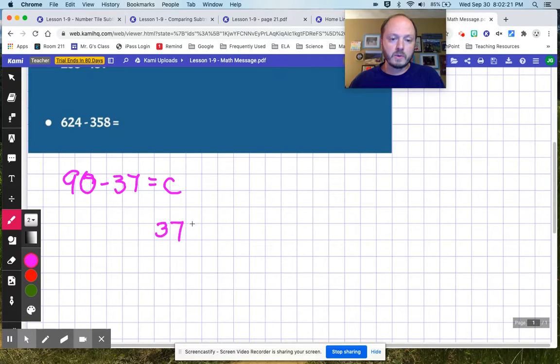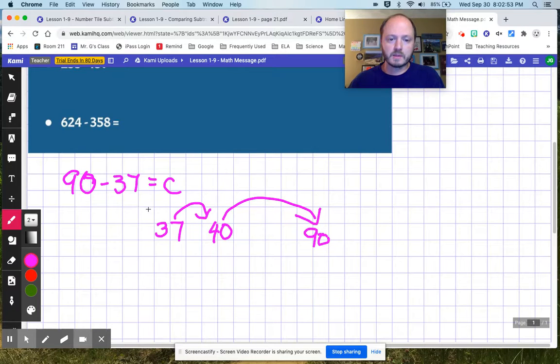The way I do it is I look at the numbers and say, all right, I have 37, I have 90, and I'm going to jump to the next round number, the next easy number, which is 40. And then I can jump by tens pretty easily to get to 90.